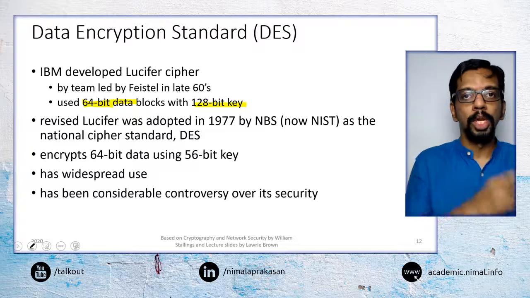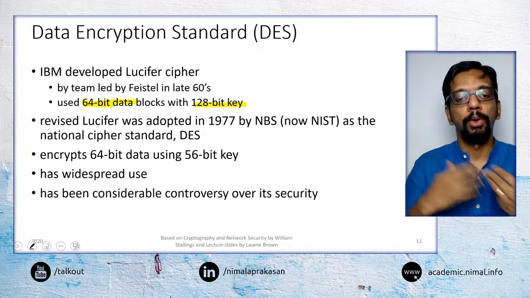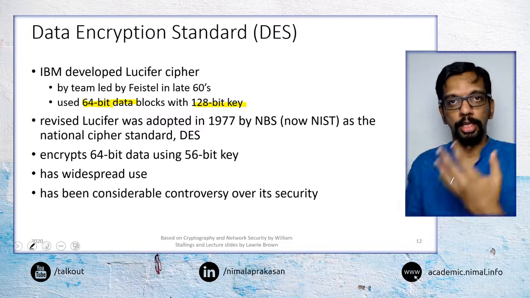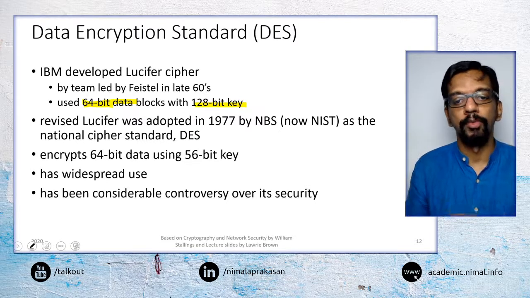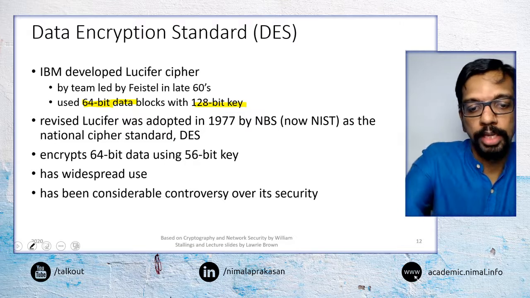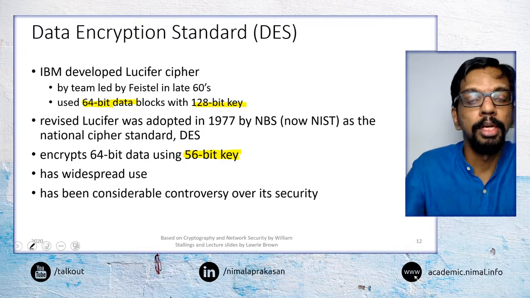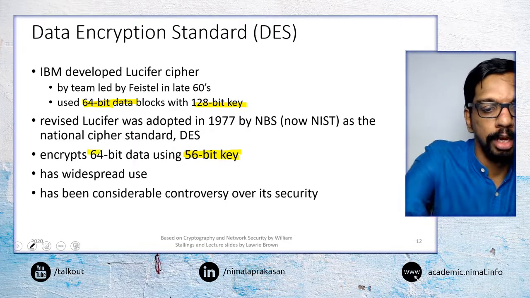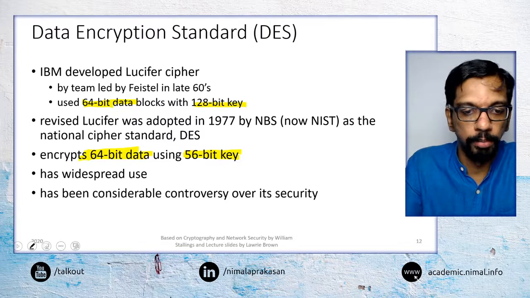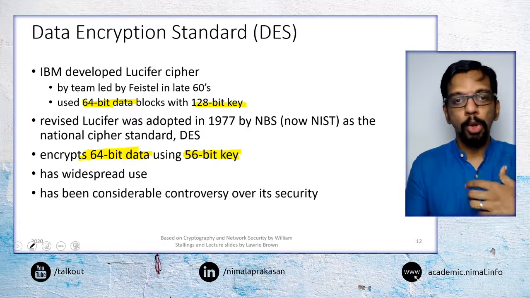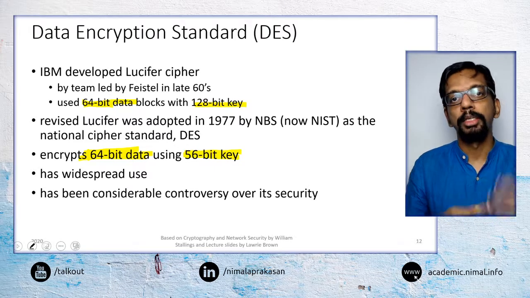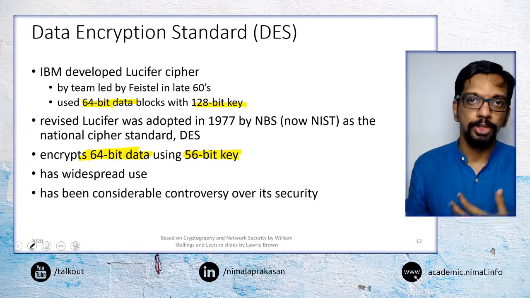But when it was adopted as the Data Encryption Standard, a national standard for the USA, one of the main changes was that the key became a 56-bit key, and the blocks remained 64-bit blocks. It was very widely used throughout the 80s and 90s, but later on a number of shortcomings of DES were identified.